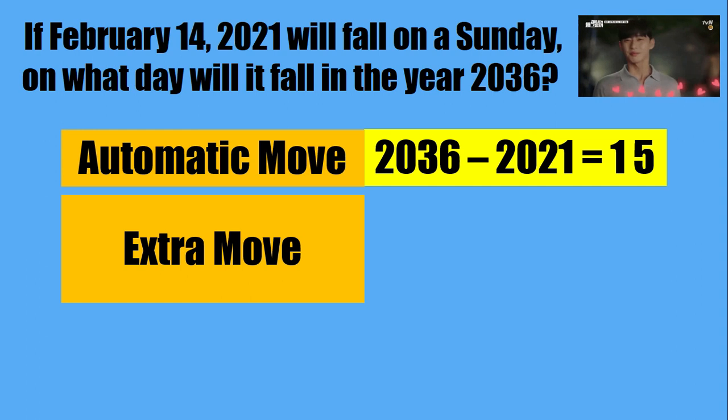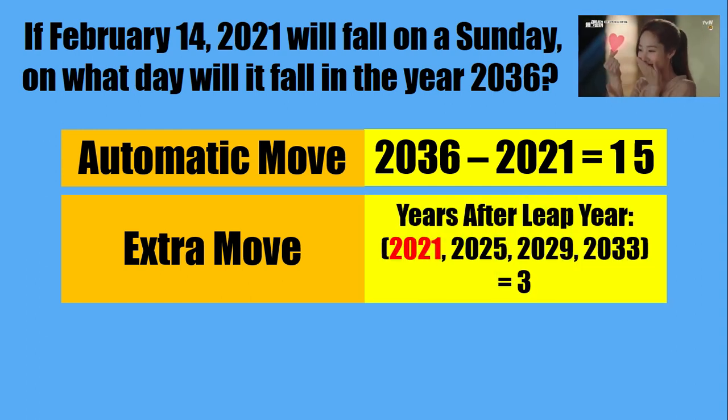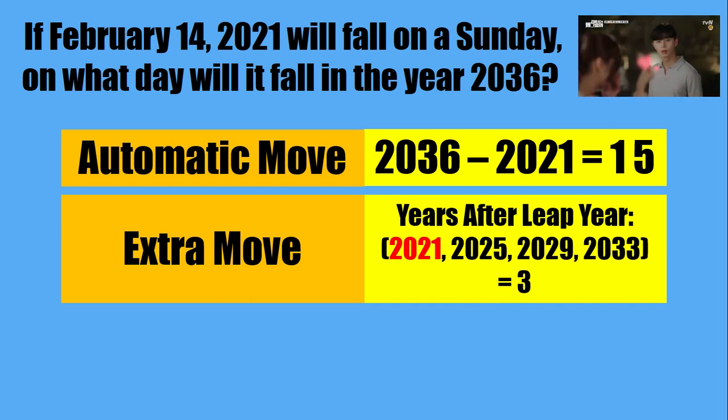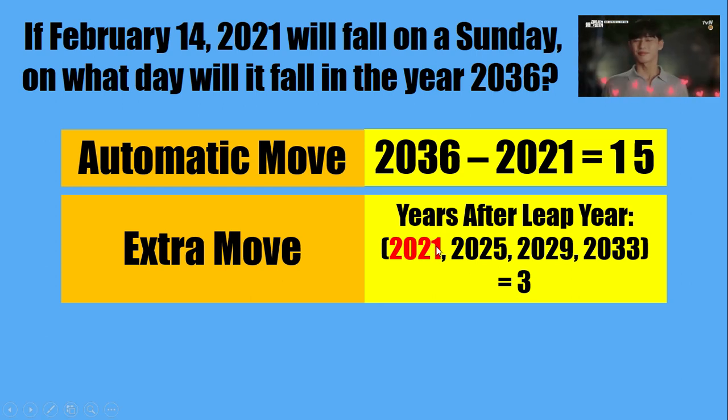Identifying that, we have 2021, 2025, 2029, and then 2033. For you to easily identify this, all you need to do is add 1 to the leap year.